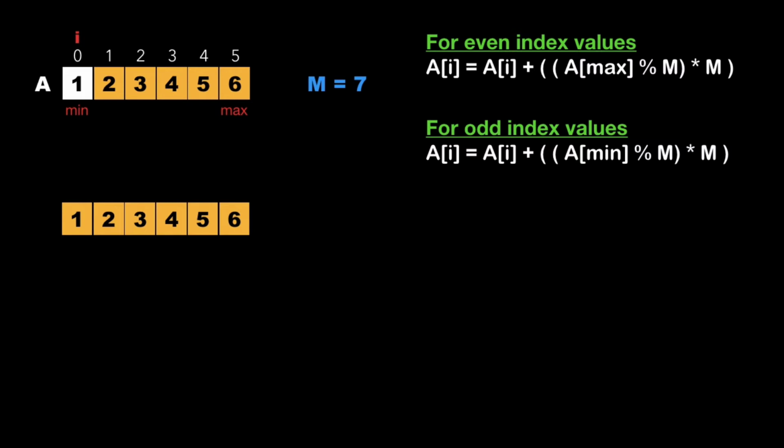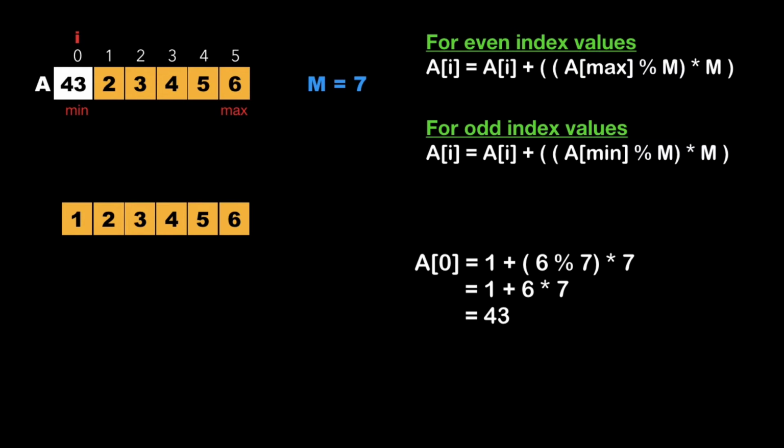So now i points to 0, and let us calculate the value of a of i as 1 plus 6 mod 7 into 7. So the value of a of 0 will be 43. So now let's update the value of a of 0, and then let us print the second value. That is, the second value was 6.